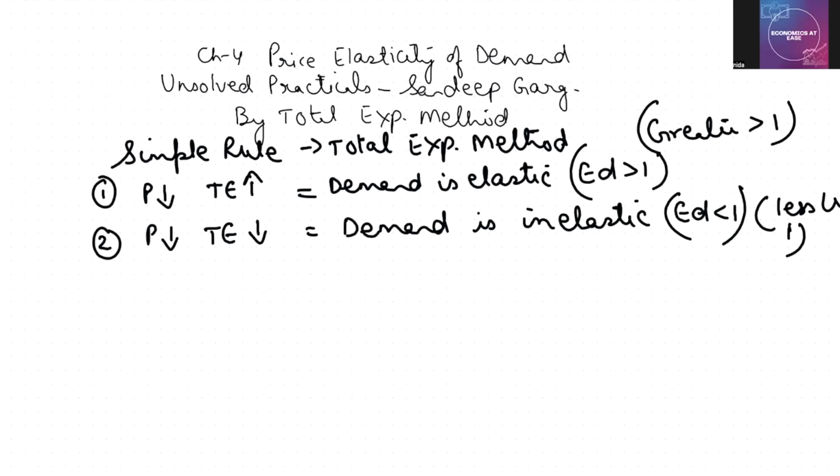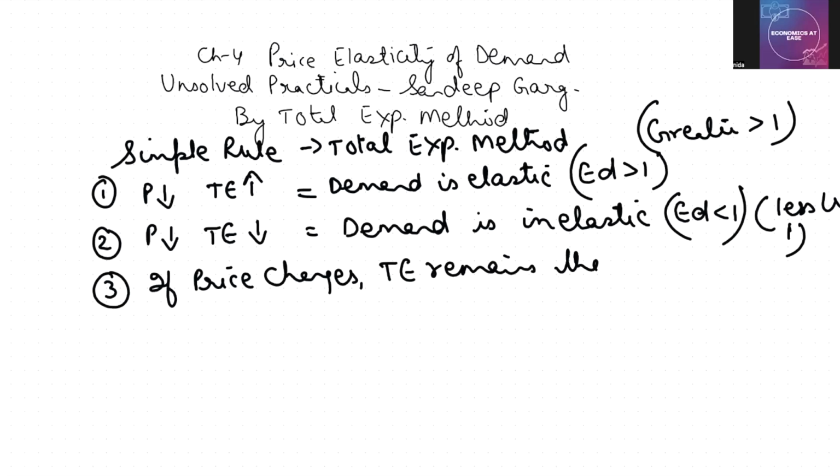Now the third important point: if there is a change in price but total expenditure remains the same, then demand is unitary, because there is no change in total expenditure.